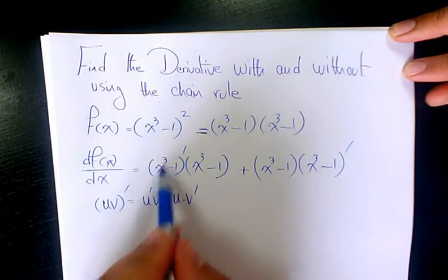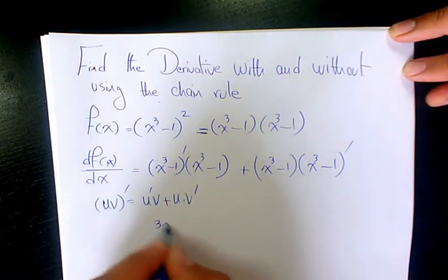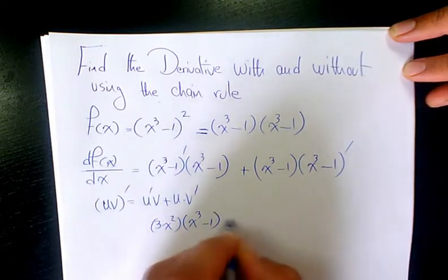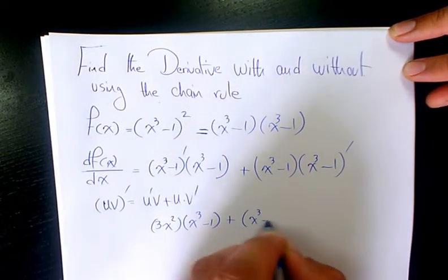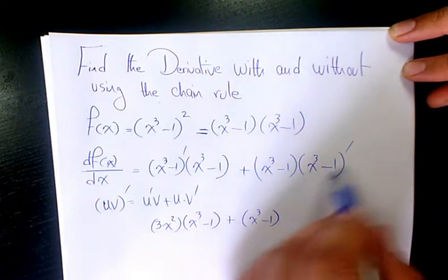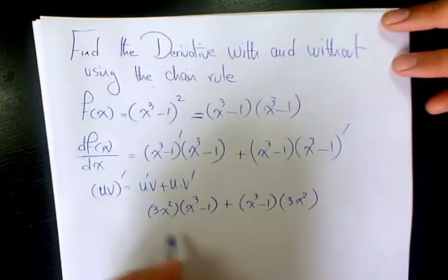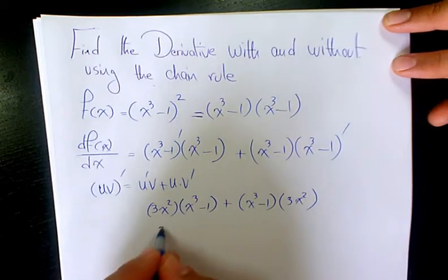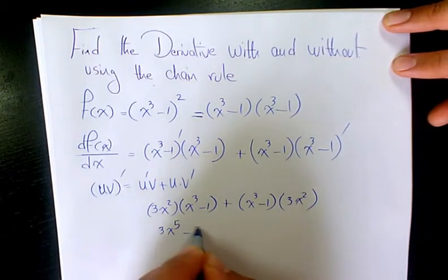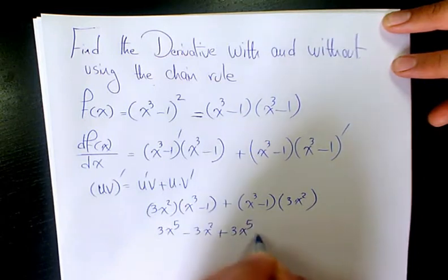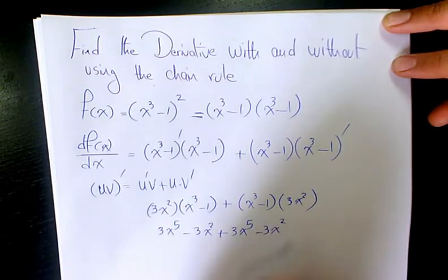So the derivative of x cubed minus 1 is 3x squared, times (x cubed minus 1), plus (x cubed minus 1) times the derivative of x cubed minus 1, which is going to be 3x squared. Then when you expand it, it's going to be 3x to the power 5 minus 3x squared plus 3x to the power 5 minus 3x squared.